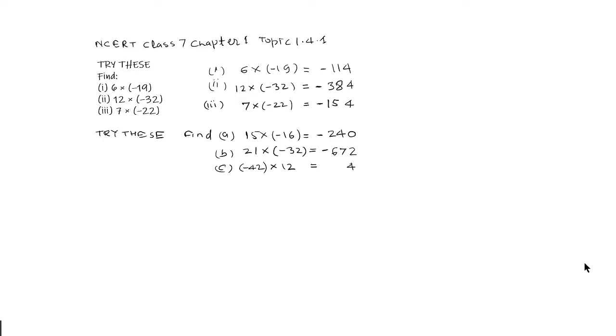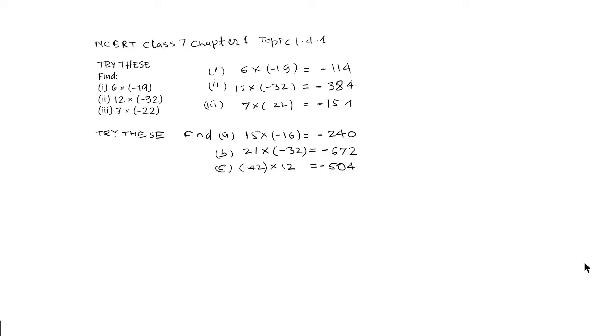We put 4 here and carry 2. 12 times 4 is 48, plus 2, which is 50, and there is a minus sign prior to 42. We put minus sign here. So minus 42 multiplied by 12 equal to minus 504.